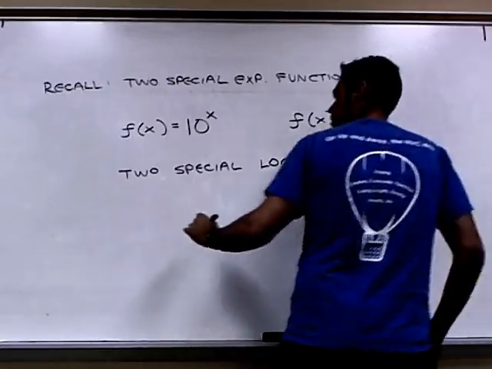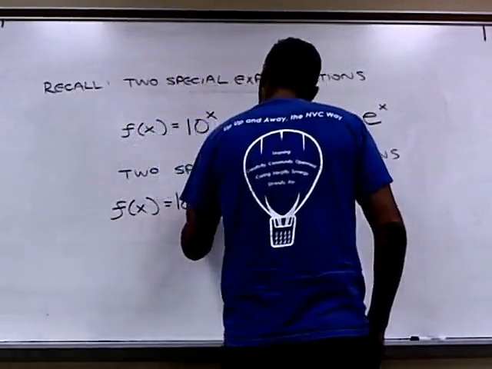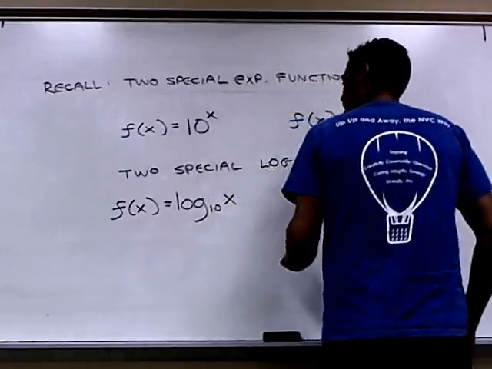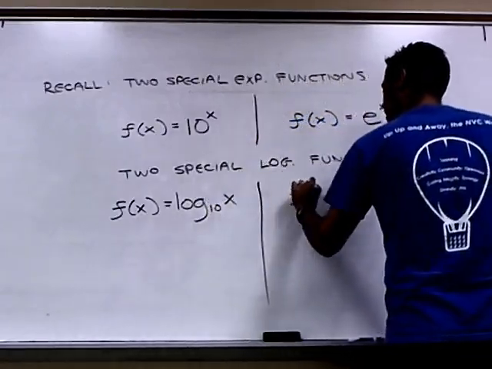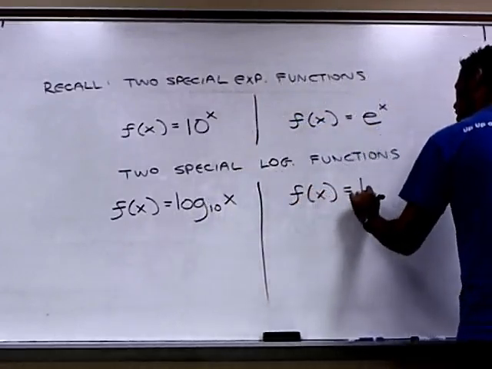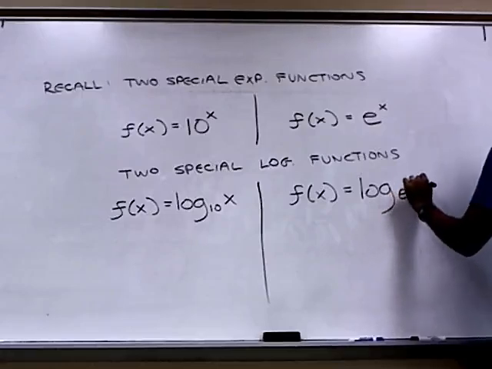They are f of x equals log base 10 of x, and the other one was f of x equals log base e of x.